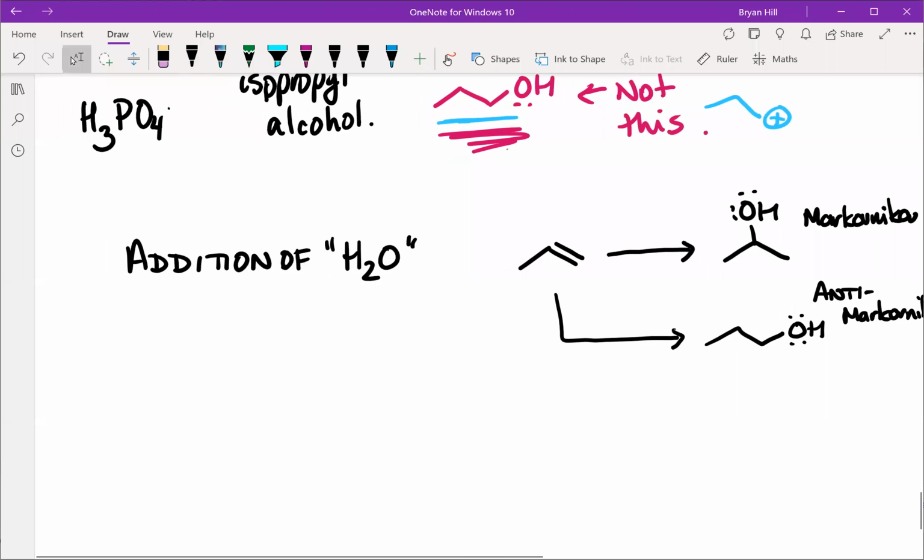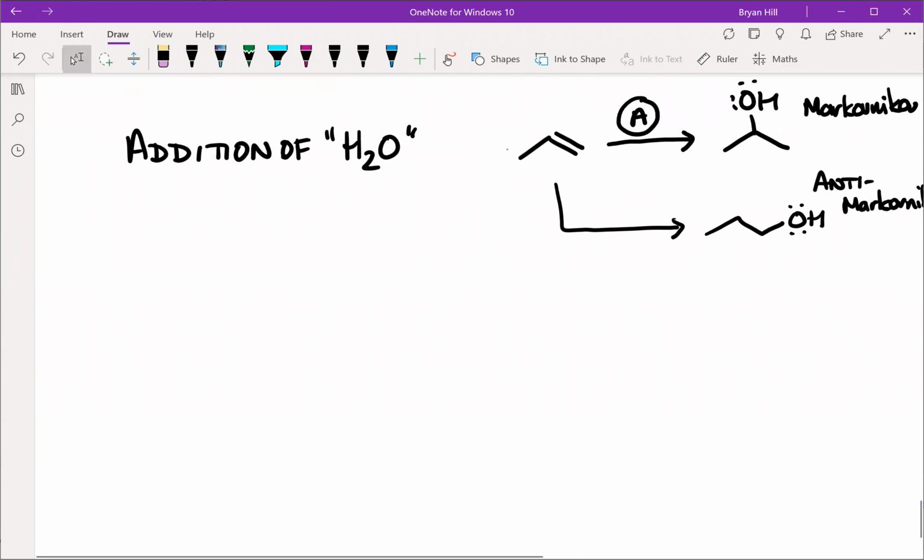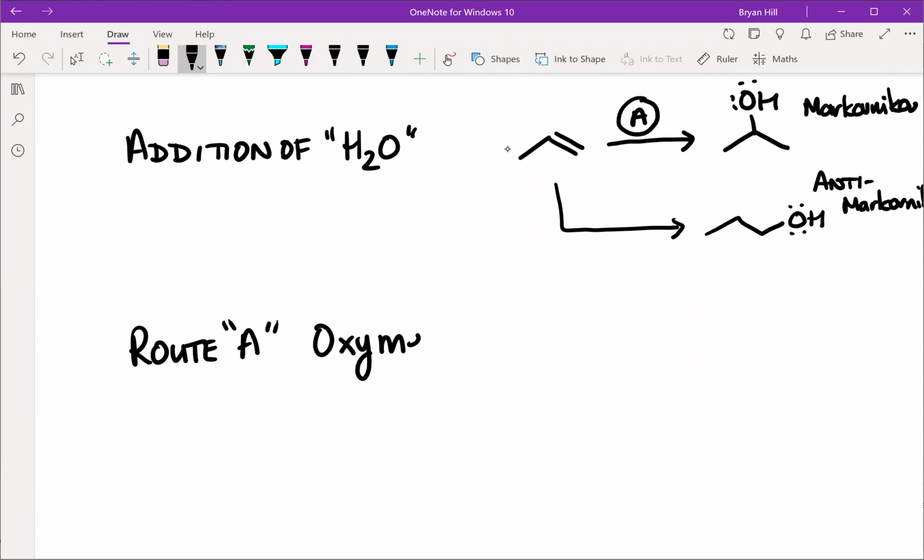So let's do, we'll call this one here route A. We'll do this one first because what we're going to see is that it's very similar to what we've seen before. So route A. And this is what we call an oxymercuration reaction.